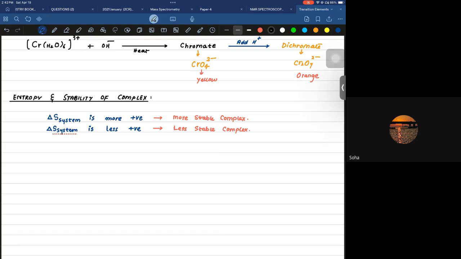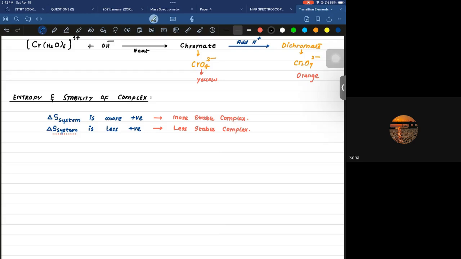It forms a more stable complex. When the examiner gives you the value, if it is more positive, you can say the complex is more stable. But of course, you can decide after knowing the values for the entropy.